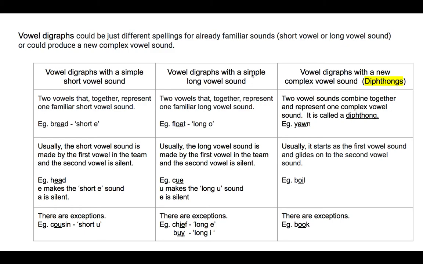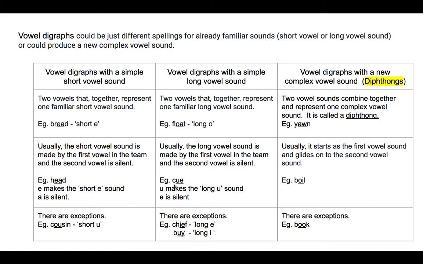Vowel digraphs with a simple long vowel sound. In this case, the two vowels represent together one familiar long vowel sound. For example, float. Here the digraph has the long O sound. Usually the long vowel sound is made by the first vowel in the team and the second vowel is silent.